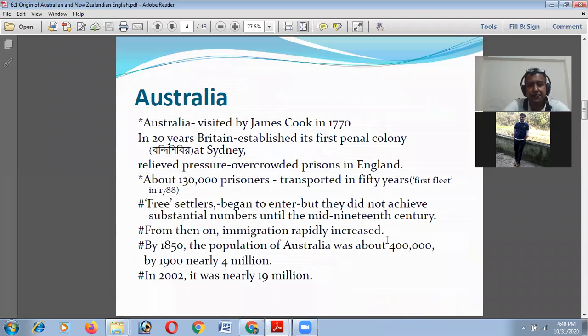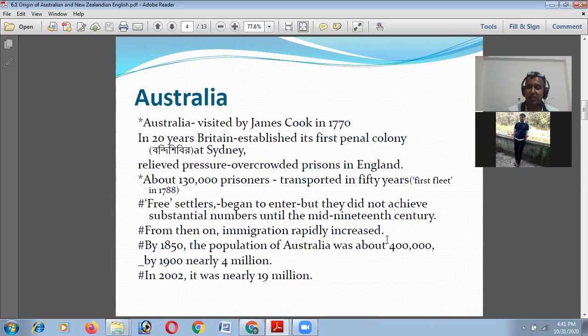In 20 years, Britain established its first penal colony at Sydney. Penal colony means prison, prisoners, prison cell. And why did they do so? Because in Britain, all the jails were overcrowded.